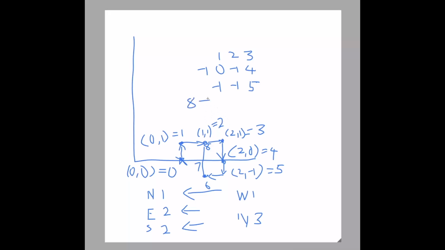So 8 minus 2 is 6. Because Farmer John said that every time he visits it, the grass will have grown, the maximum amount of time it could have taken is 6.